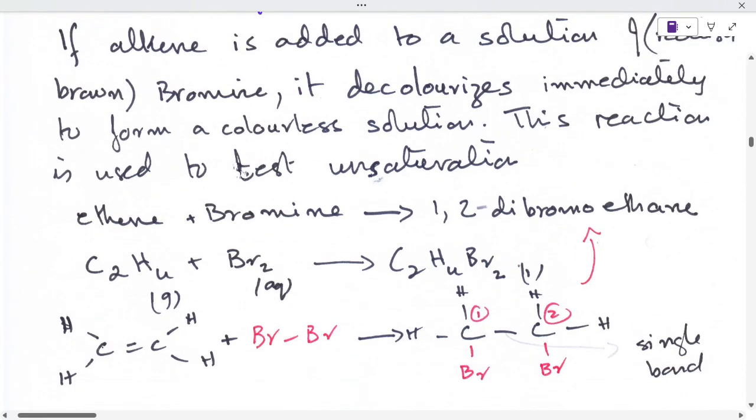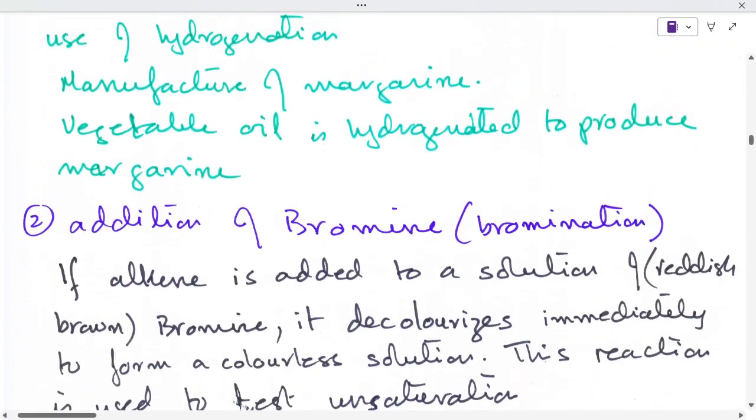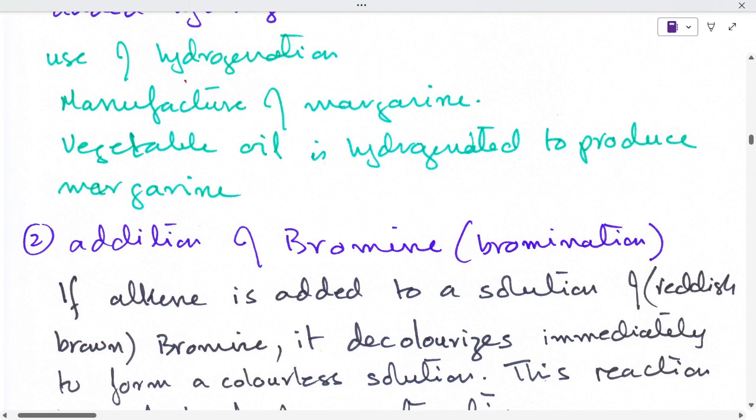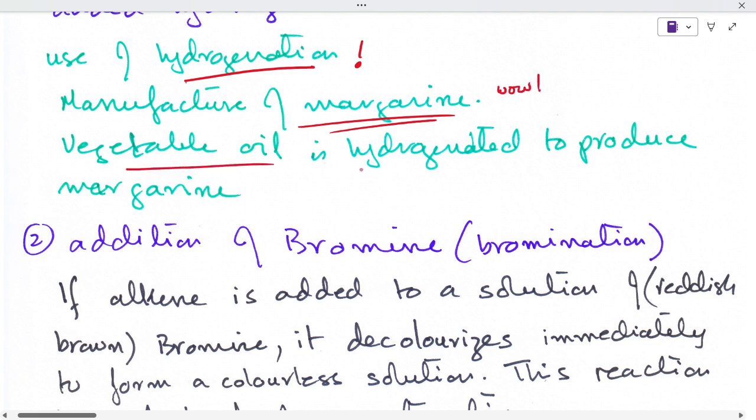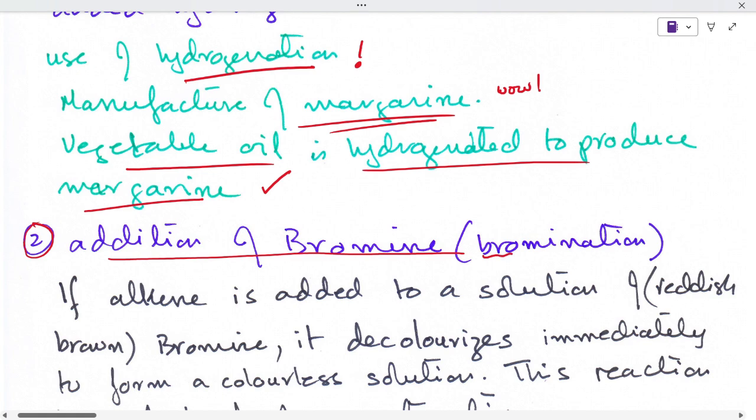Now, what is the use of these reactions? So, hydrogenation has a very important use in the manufacture of margarine. Vegetable oil is hydrogenated to produce margarine. Third reaction is addition of bromine, which is called bromination.